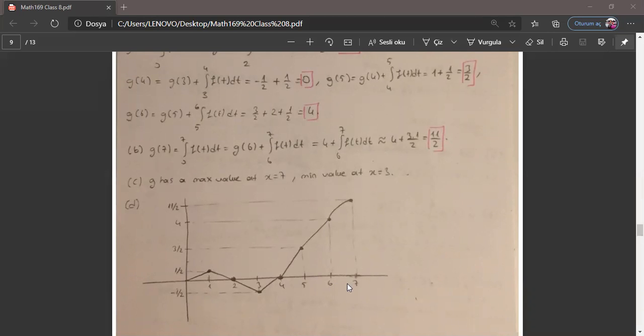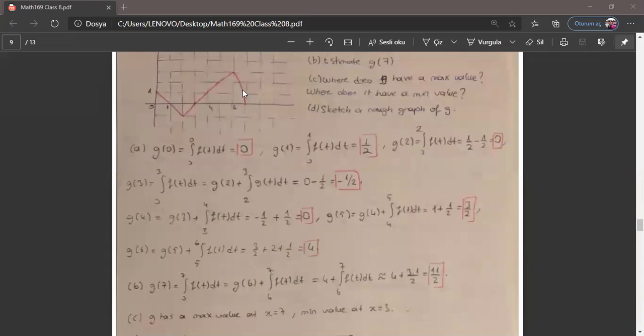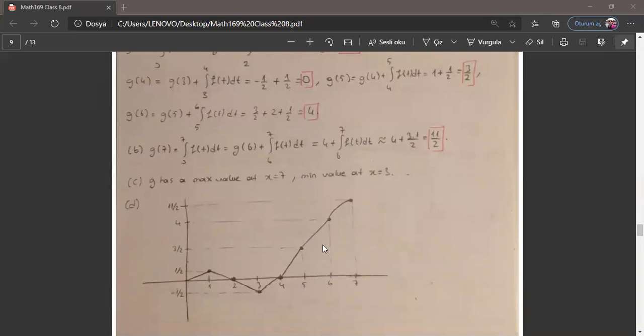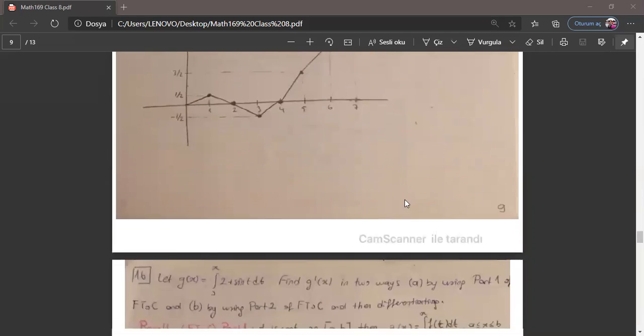But from 6 to 7, here we have some curve, right? It cannot be a line. So it will be some curve, right? So from 4, because the value of g at 6 is 4, to 11 over 2, okay? At 7, it's approaching this number.